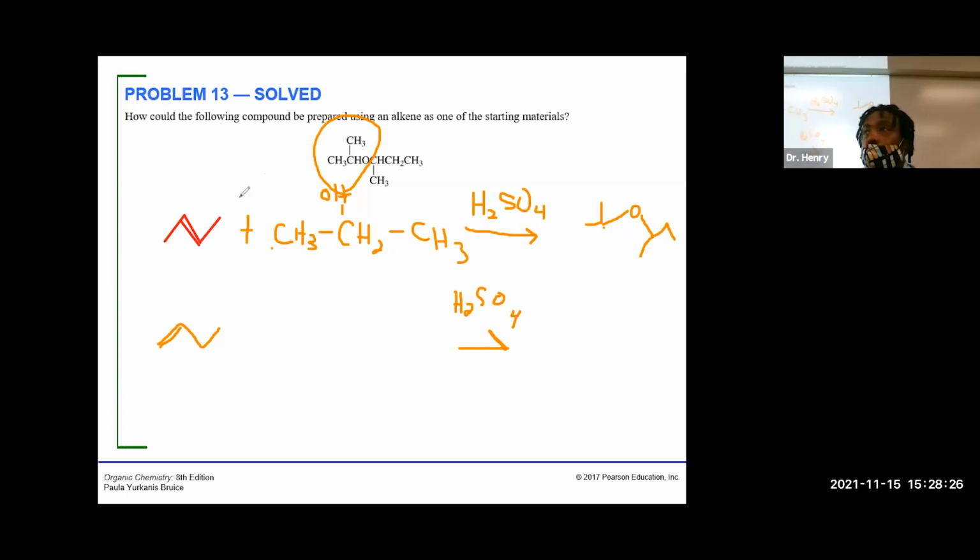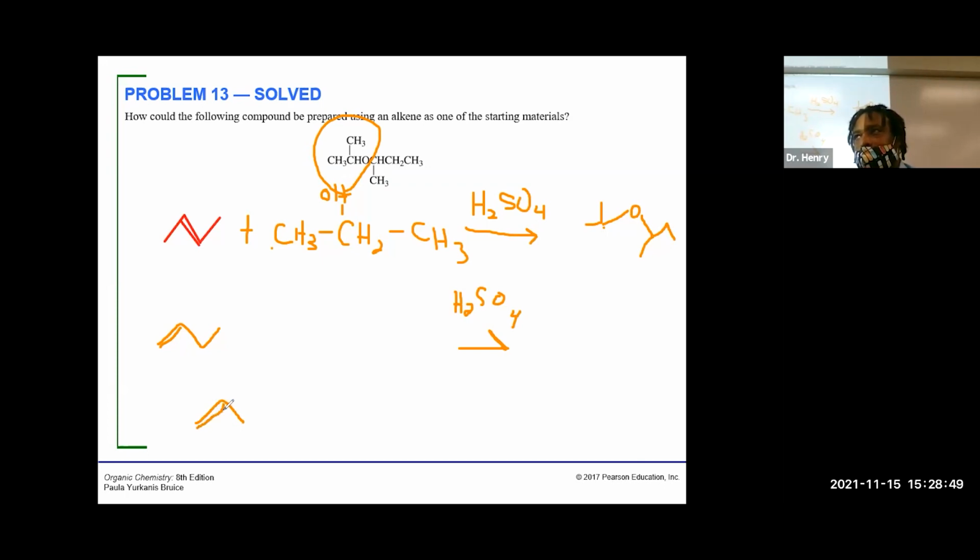Three carbons. Okay, so if there's 3 carbons, so that's 1, 2, 3. Where's the double bond going to be at? It doesn't matter, right? Because it's the same either way. They're going to be 1 either way we go, right? So I can put the double bond.